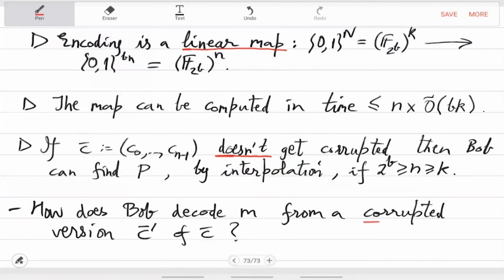Okay, so Bob received some version C bar prime. So let the values which are wrong be I1 to EIT.